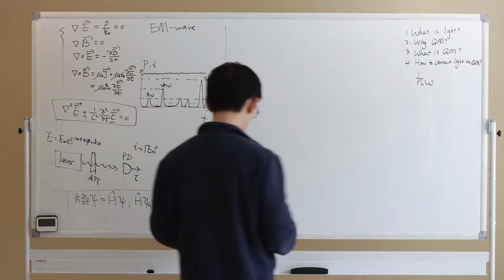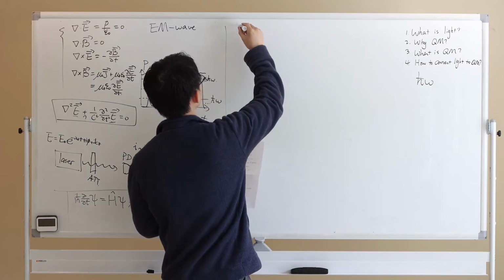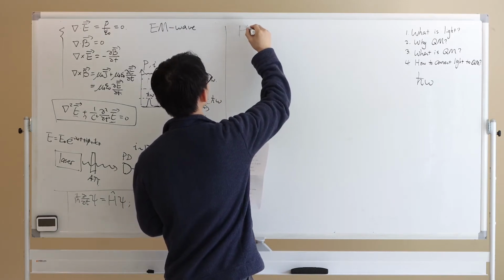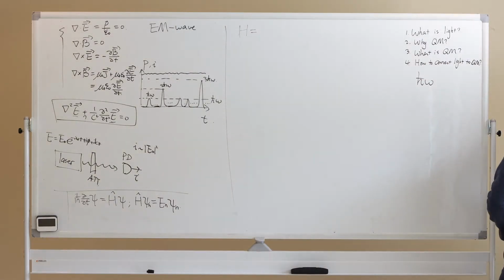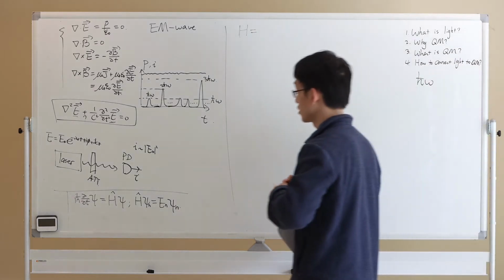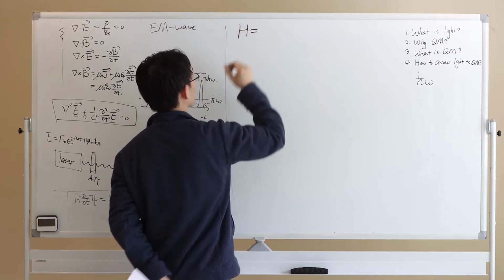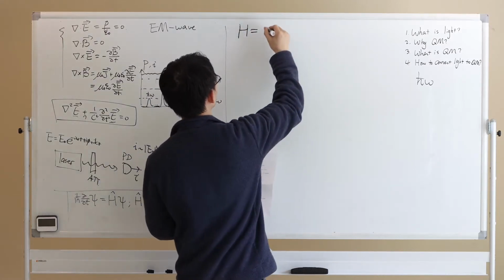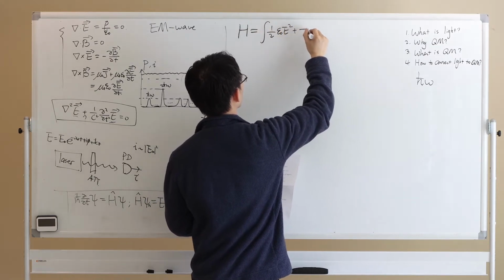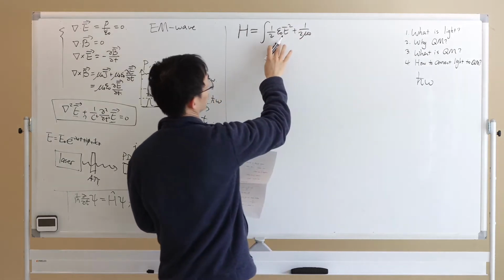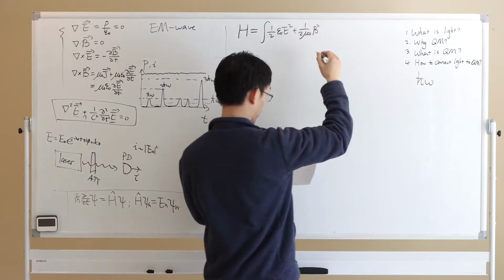To do that, we have to remind ourselves of a very simple equation: the energy of light, let's write it down as H. H is the integration of the electrical energy stored in the light and the magnetic energy stored in the light.